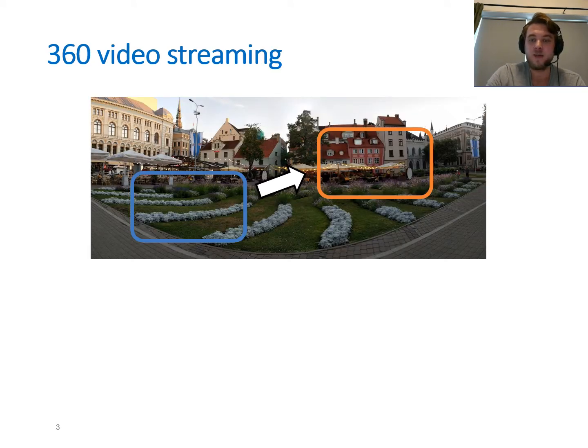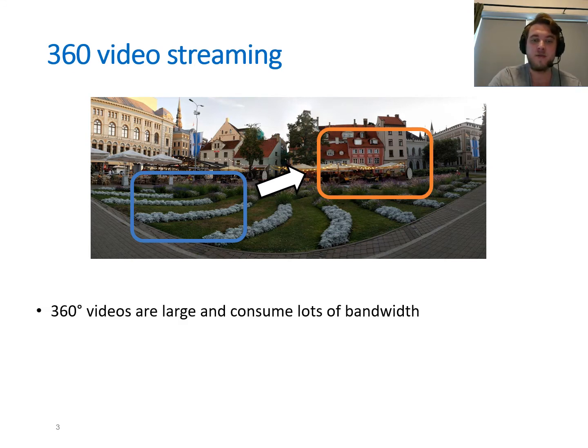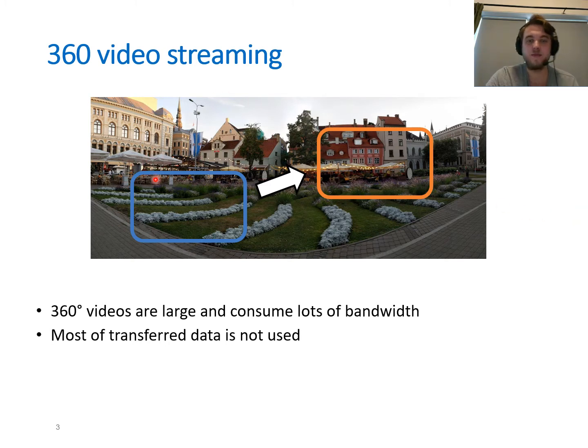360-degree video is very different from regular video in that it is very large and consumes a lot of bandwidth, because most of the transferred data is not used. You have the viewport, as can be seen here, which is not the entire video.